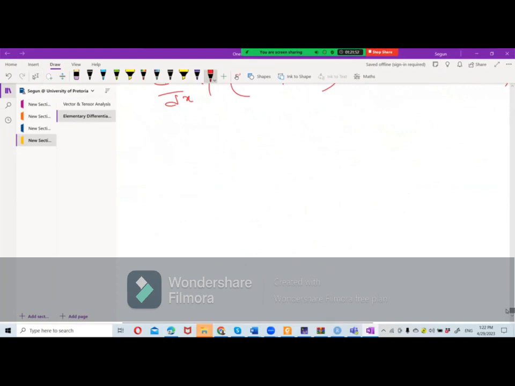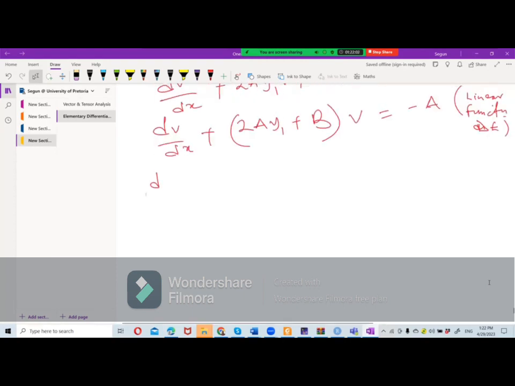Remember, I can write this one by saying dv/dx plus p of x times v equals q of x. When you are using an integrating factor, this is the way we solve it.